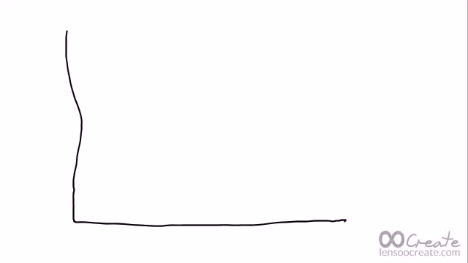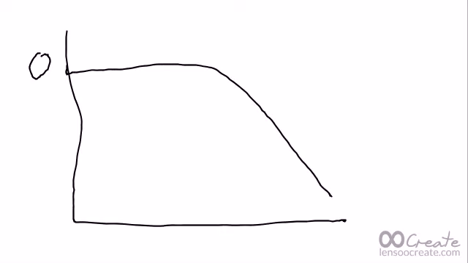So the composite gain and frequency response will somewhat look like this. This is your 0 normalized graph. For a normalized graph, your AF is 0. So your gain will be somewhat like this, and your phase plot is somewhat like this.